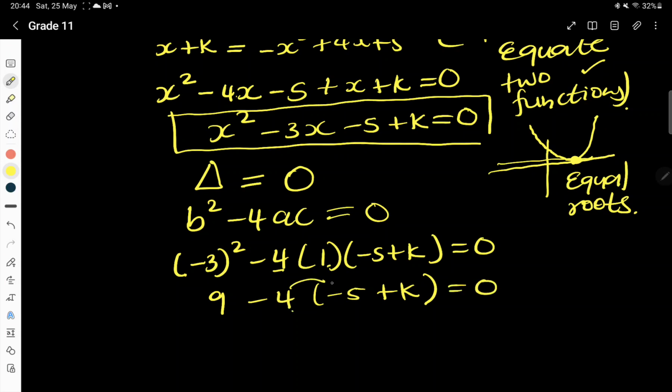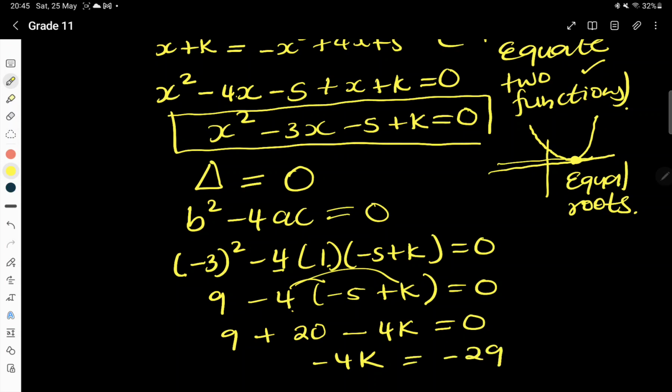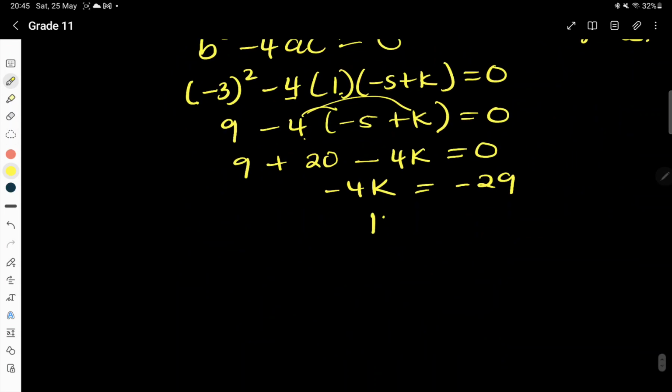Then you distribute: 9 plus 20 minus 4k equals 0. Sorry, I made an error. Then minus 4k equals minus 29. Then k equals 29 over 4.